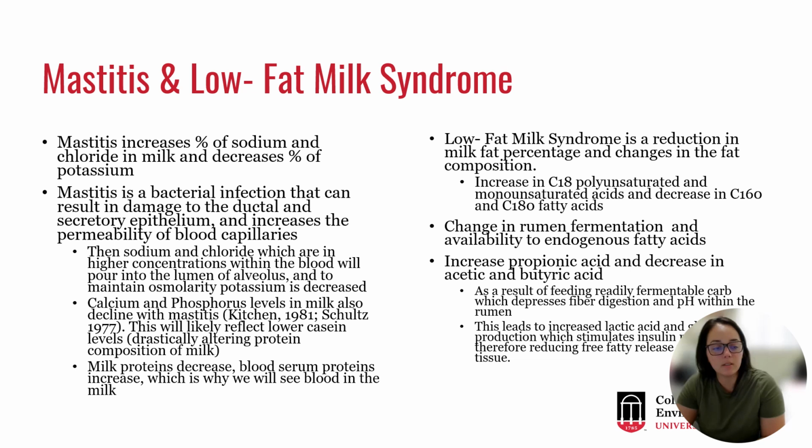But basically, mastitis, as I'm sure we all know, is a bacterial infection that can result in damage to the ductal and the secretory epithelium and increased permeability of the blood capillaries.